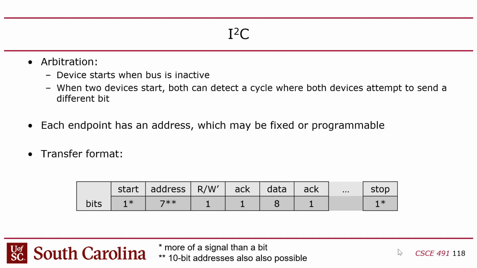Okay, so I2C has a packet format or a transaction format that's kind of a mashup between UART and SPI. It starts out with a start bit, but it's not really a start bit. It's more of a start signal, like a start condition. And I'll talk more about that in a minute, but it has a start signal. Then there's a 7-bit address.